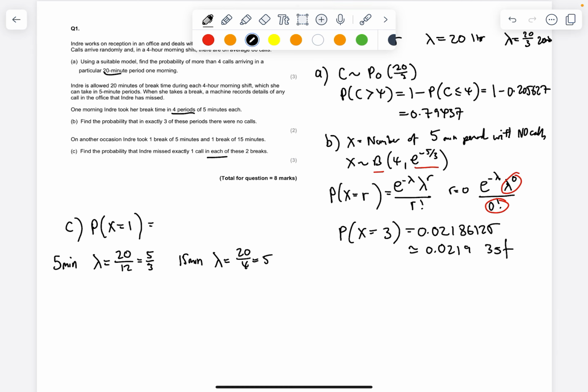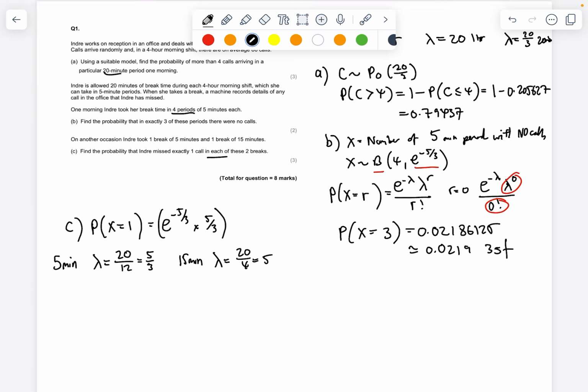Okay, right, so we've got the probability that X equals 1. For the 5-minute period, the probability is equal to e to the minus 5 over 3 times 5 over 3. Again, because it's one call and it's e to the minus lambda times lambda to the r over r factorial, which is 1 factorial, which is 1.